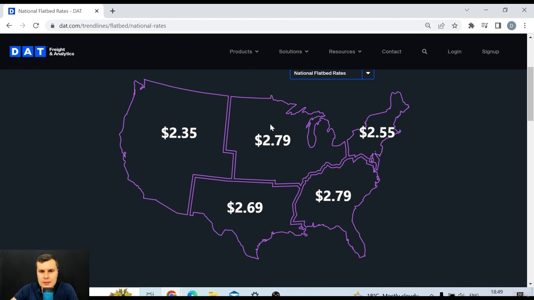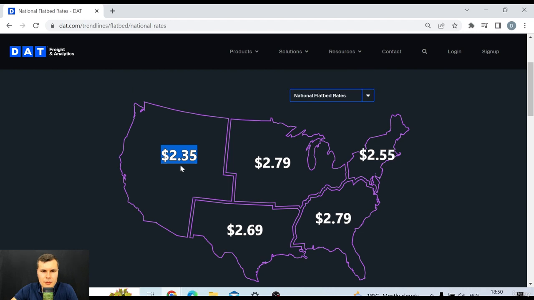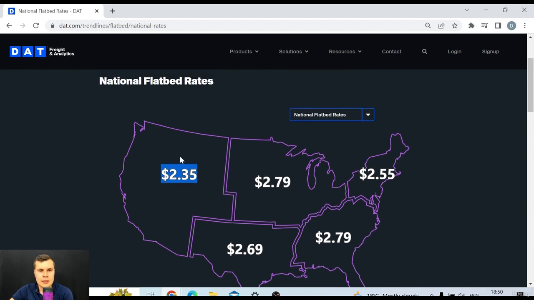So for flatbeds at the moment, the Midwest area and Southeast area are paying the most, meaning that coming out of these areas, you can expect a rate around $2.79, and then the western part of the US has the lowest demand for trucking in general, and the lowest demand for flatbeds right now. So coming out of the west, you will get a lower rate of around $2.35 per mile.